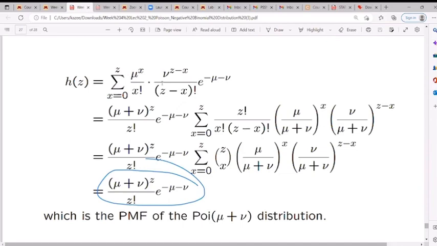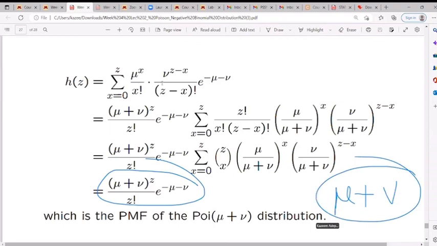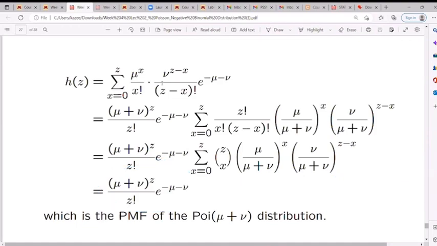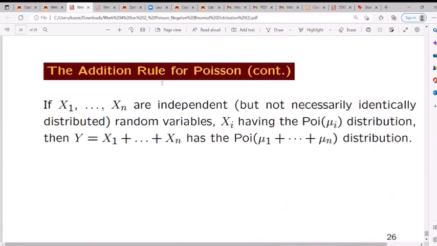The parameter is now the addition of the parameters of the respective distributions. So it is mathematically proved and statistically observed that if x follows a Poisson distribution and y follows a Poisson distribution, the addition of them will also give us a Poisson distribution, only that the parameters of the individual Poisson distributions will be added together. That's exactly what you see now. That is the resulting distribution.